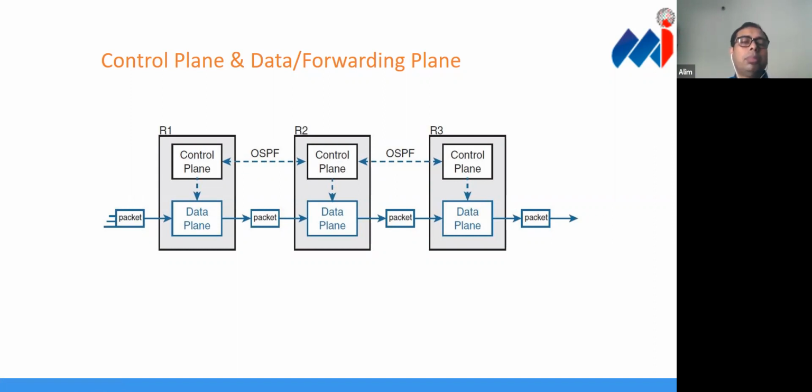So OSPF is a controlling mechanism for data plane. The OSPF router creates the routing table, and that guides the router how to forward data to another router or device. Okay, so control plane is controlling, and data plane or forwarding plane is just forwarding based on control.